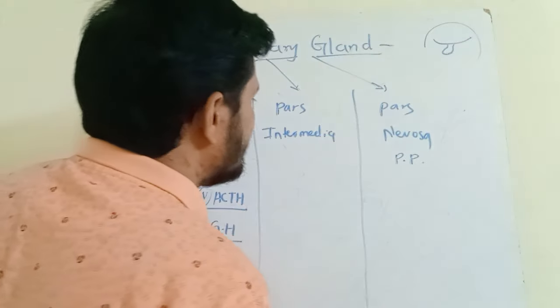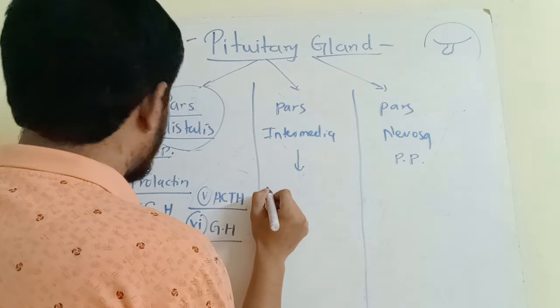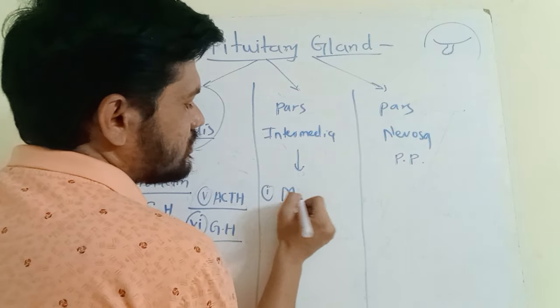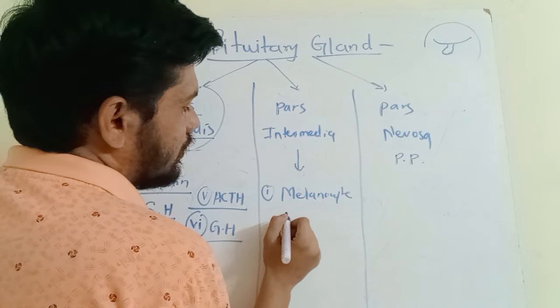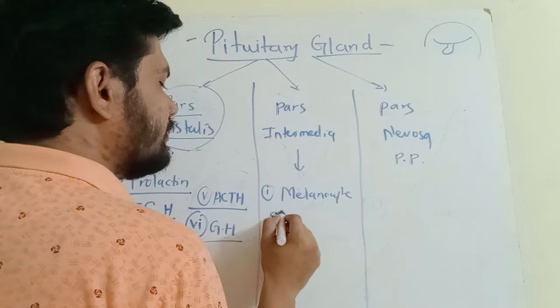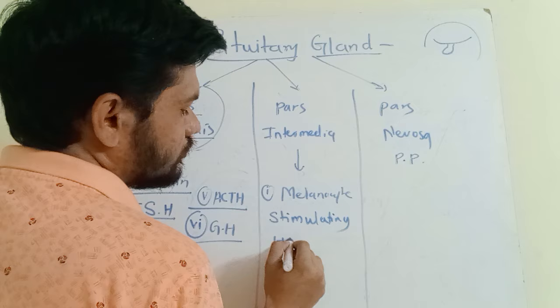Then pars intermedia secretes only one hormone called MSH, melanocyte stimulating hormone.